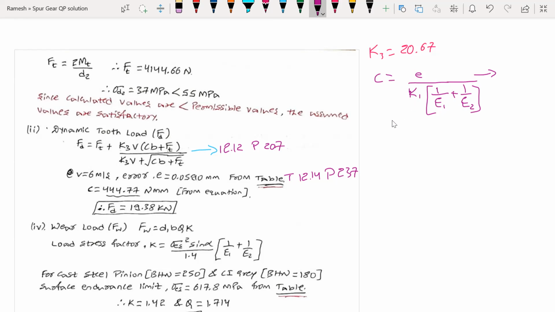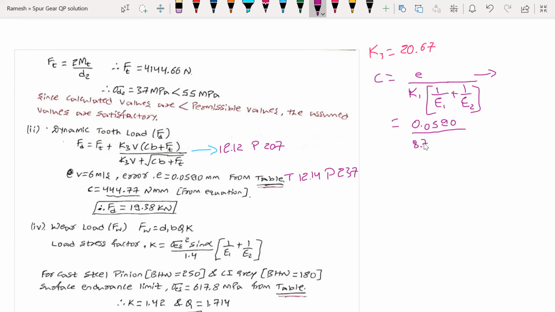Substitute the calculated E value, 0.050, divided by K1, which is 8.7, and next E1 and E2.